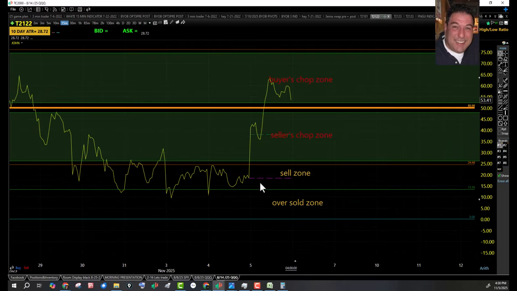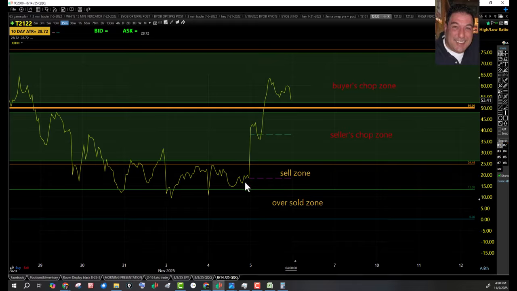Oh, wow. This is new. All right, I did not expect this. Today we spent half the day in the seller's chop zone, half the day in the buyer's chop zone, and we're holding the higher highs up here. So that is good news for the bulls in that price is holding the higher highs up here in the buyer's chop zone.